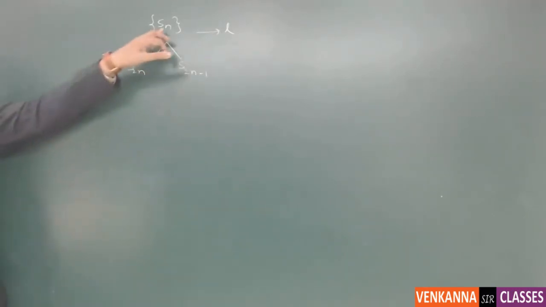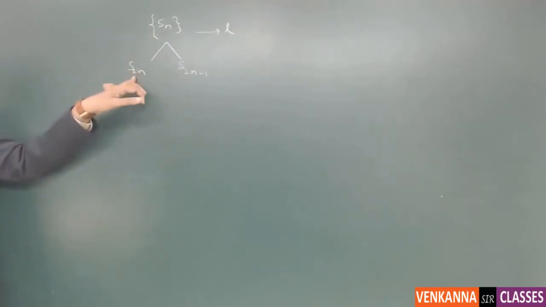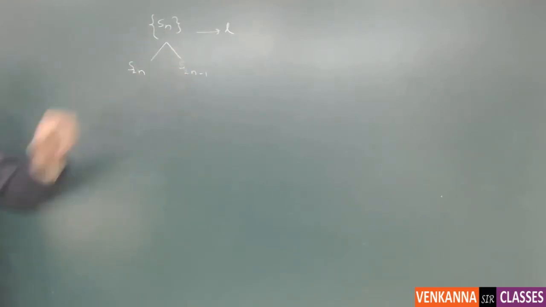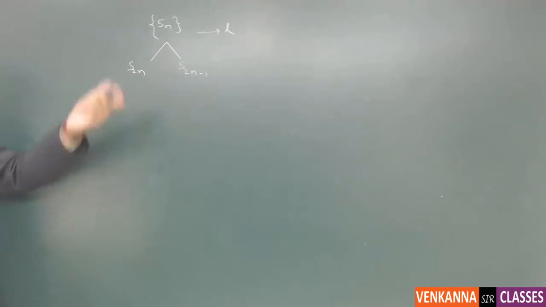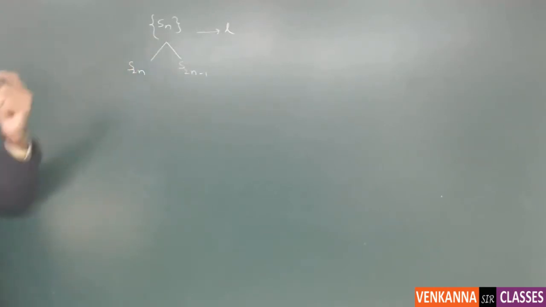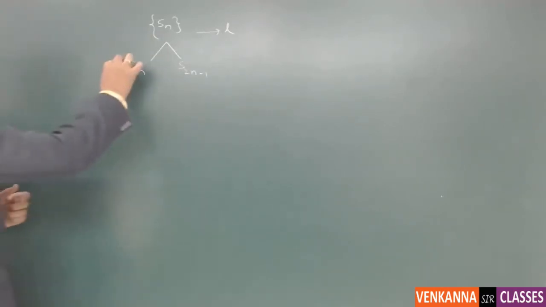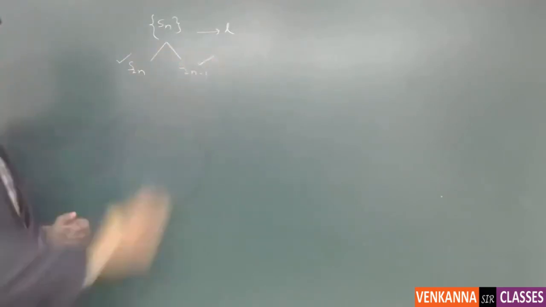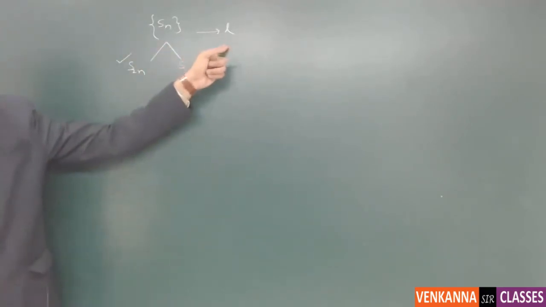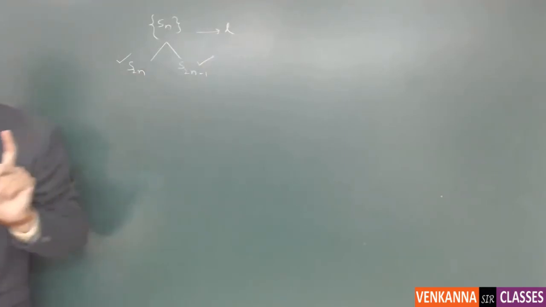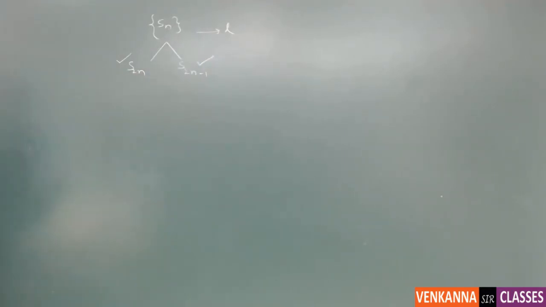Nothing but all the even terms in the sequence and all the odd terms in the sequence. So these are nothing but the subsequences of Sn. If both these have the limit L, then we say that the given sequence has the limit L. So that is one result.